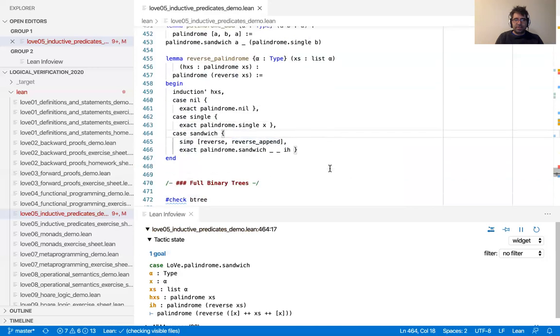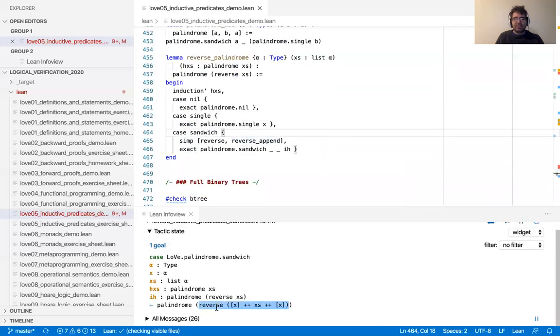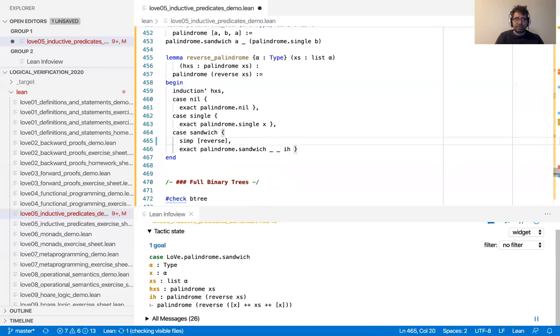And just for documentation. And then in the last case, I see reverse of something complicated with append and a singleton list. So we're just going to simplify the definition of reverse. I could do it in 2 steps maybe, to see a bit better what happens here.